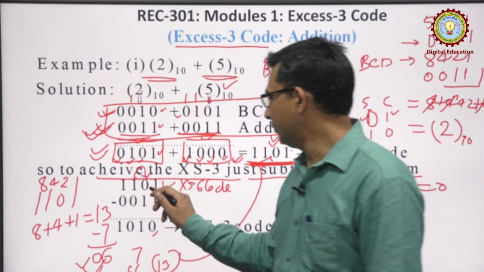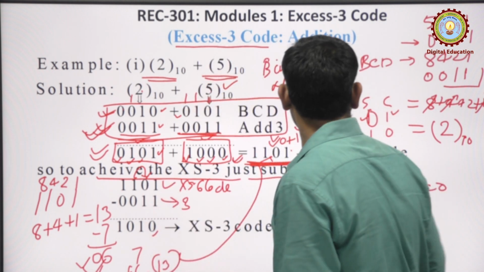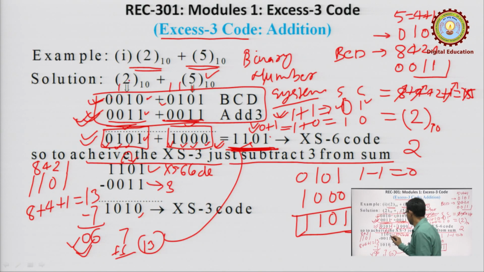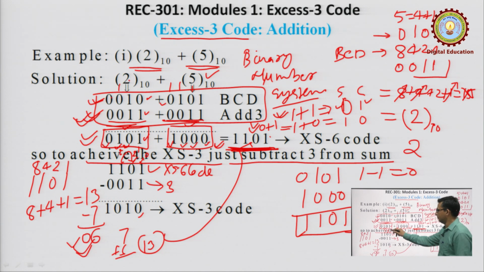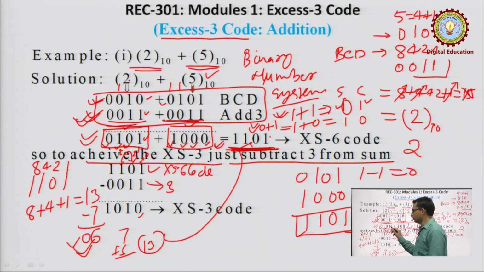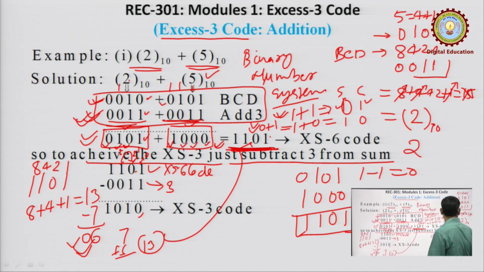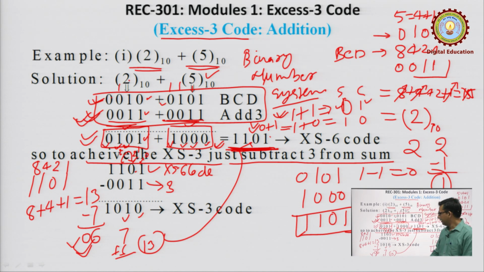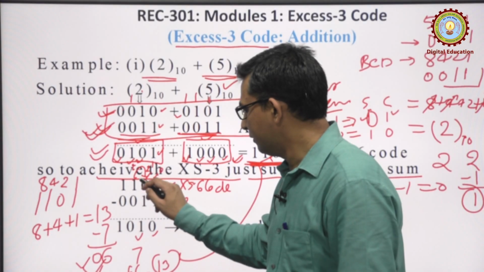The borrow will be 2 to the power 2, and the place value is 2 to the power 1. So, finally we will get 2, and if we subtract 1, 2 minus 1 is equal to 1. So, after subtracting we will get 1 here, and this will become 0.